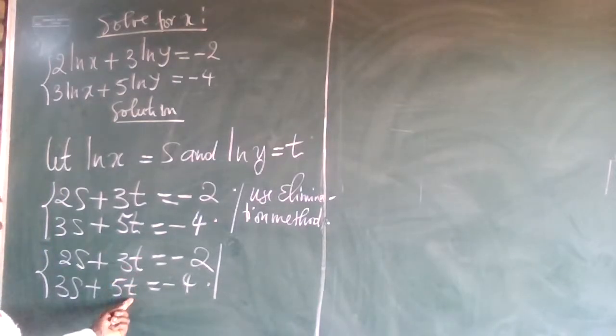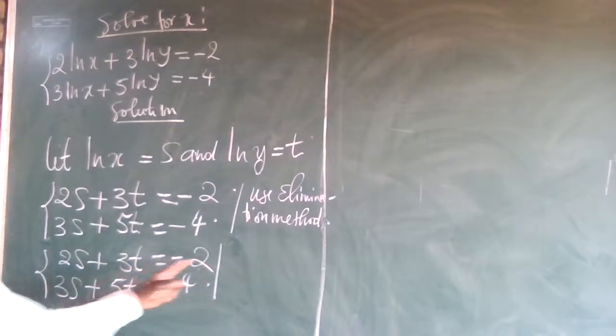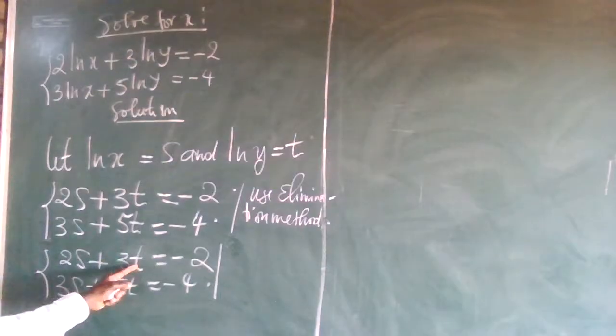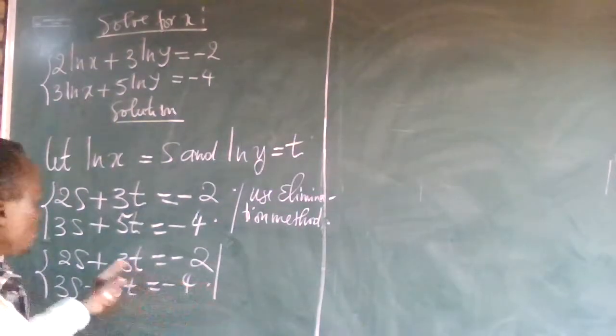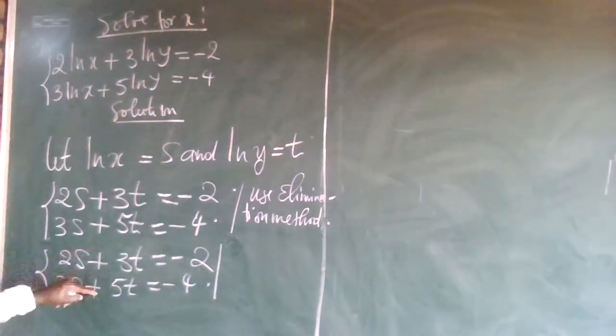What you are going to do: here we have a plus and here we have a plus. You have to take this 5, multiply it to this line, and this 3 multiply it to this line. Because we have similar signs, we need to change the sign among those two.